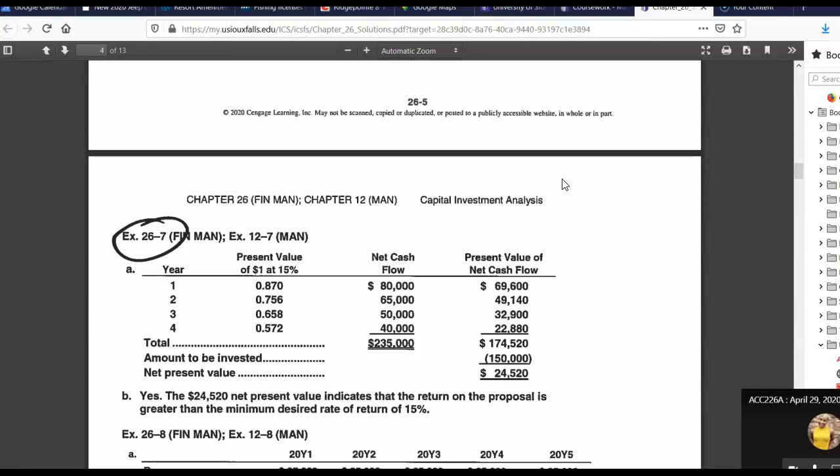But throwing that all aside, what they're saying is if you receive $712 today or $1,000 in 3 years at 12%, those amounts are equal. Anybody have questions on any of that? Please, by all means, say I would prefer that you explain this again, or this doesn't make sense.